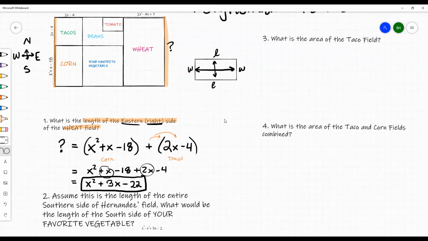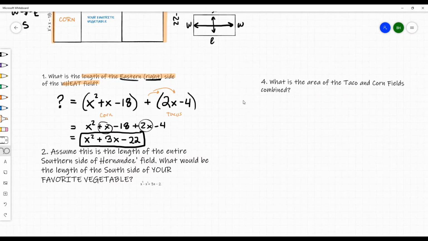So I'm going to rewrite it up here and move it around. We have x squared plus 3x minus 22, and this was our answer for the wheat field. There's the answer for that.